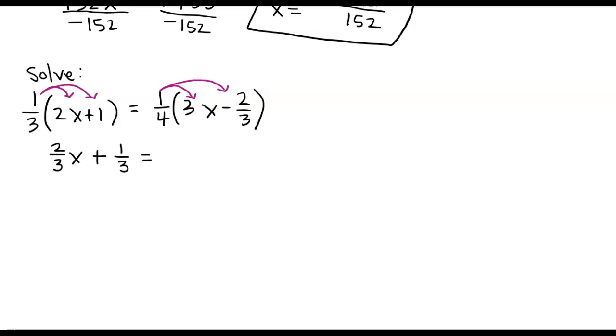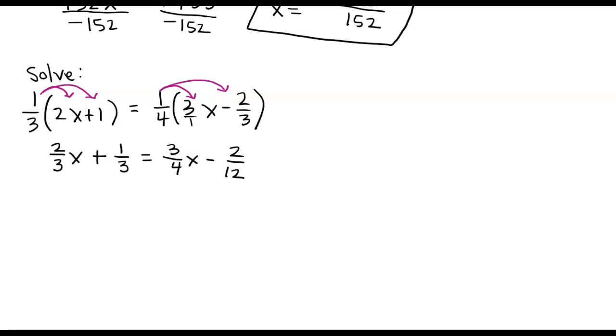Now let's distribute the 1/4 through, so again 1/4 times 3x, or if it helps you to think of it as a 1 underneath it, you're multiplying across the top, multiplying across the bottom, gives you that 3/4 x, and then 1/4 times negative 2/3 is going to give you negative 2/12.